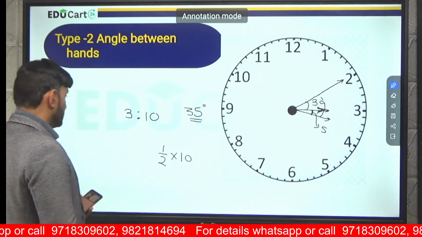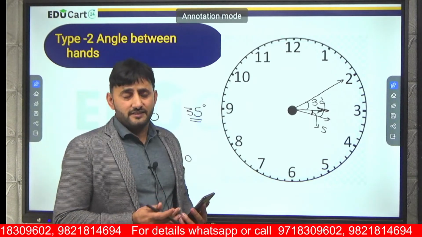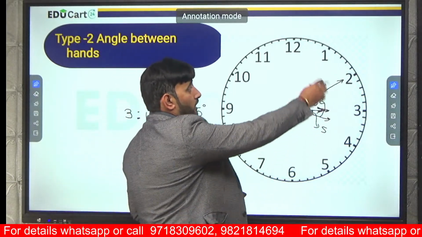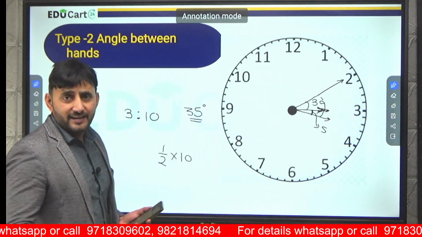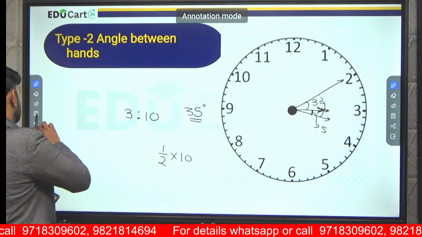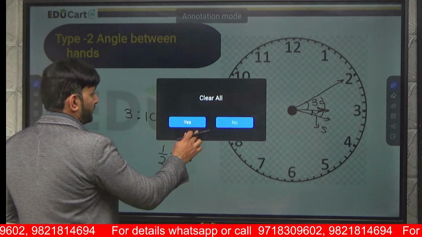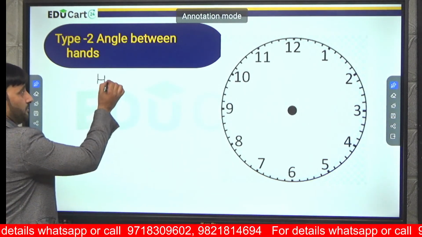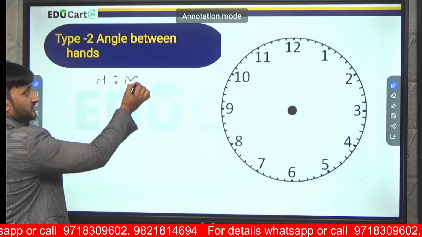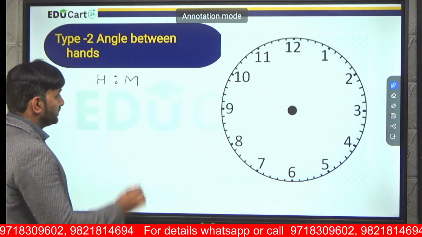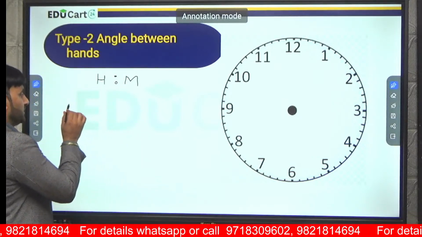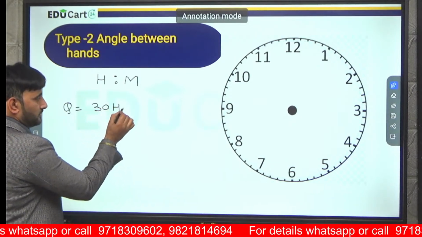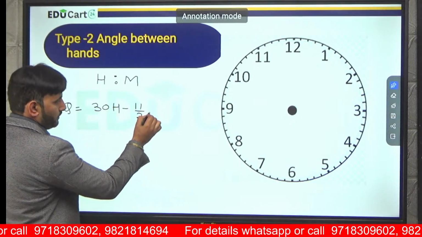In this kind of question, the data was easy and we knew the minute hand was at 2. The minute hand could have been somewhere between 1 and 2 also. In that case, there will be a problem. So to cater to this kind of question, please note down a formula. The angle at any time h:m, where h is the hour value and m is the minute value, is theta equal to 30h minus 11 by 2 m.